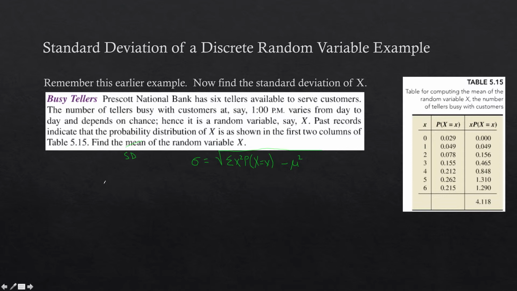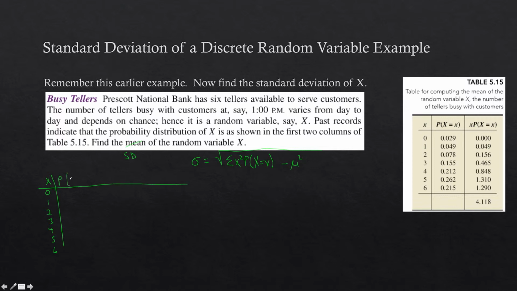Here's what we have. We have x. We already know that over there on the right hand side: 0, 1, 2, 3, 4, 5, and 6.